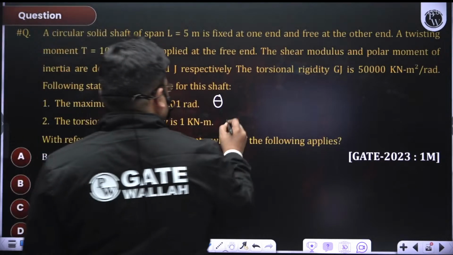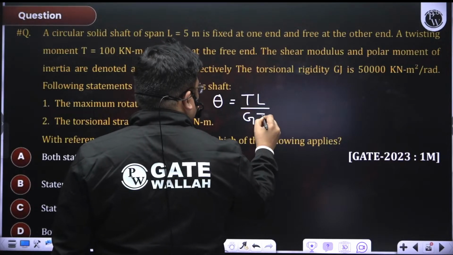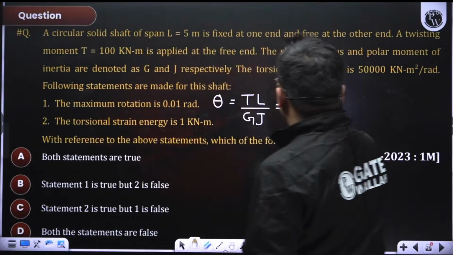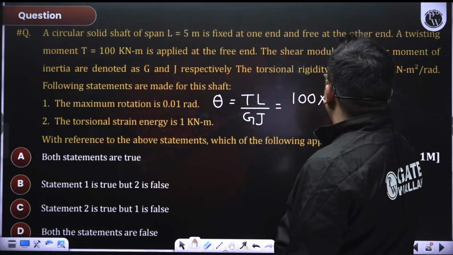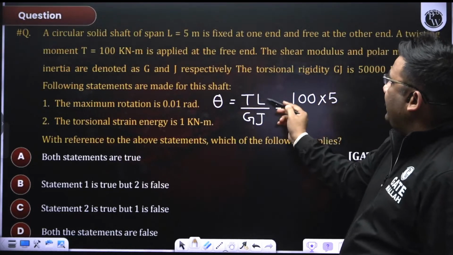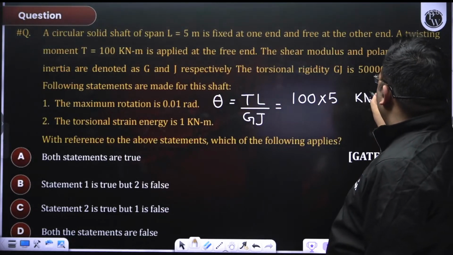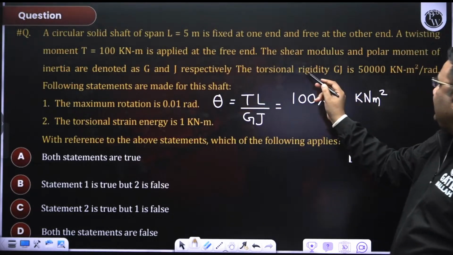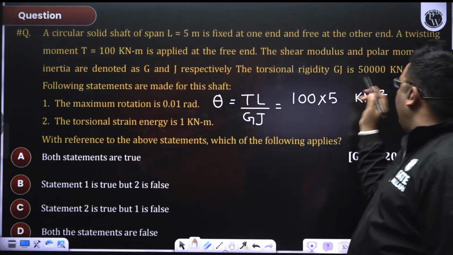See, theta is very easy. It is TL by GJ. Now torsion is given 100 kilonewton meter, and length is given 5. So what will be the unit of TL? Kilonewton meter and then meter, kilonewton meter square. Now see, GJ is given 50,000 kilonewton meter square per radian, right?